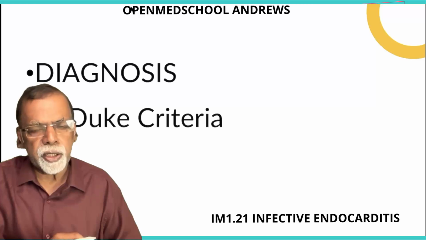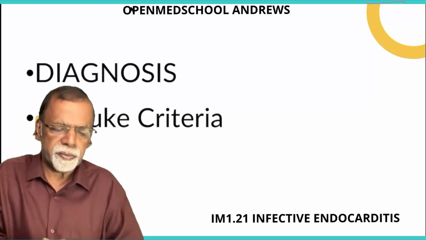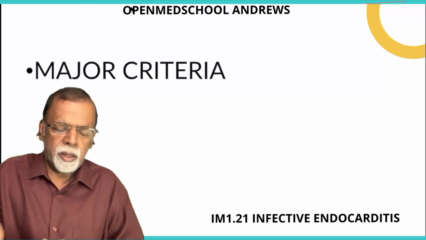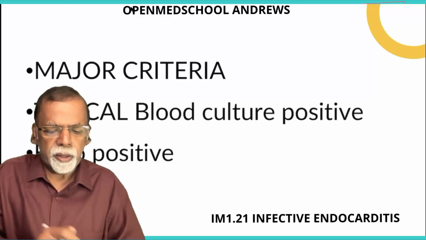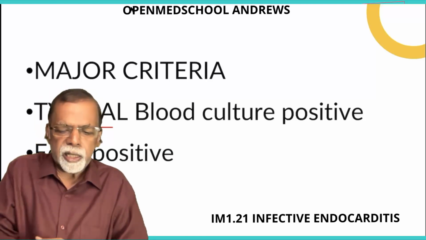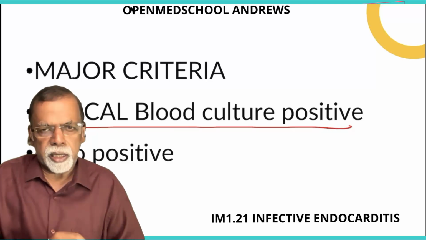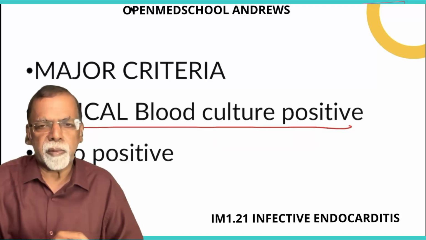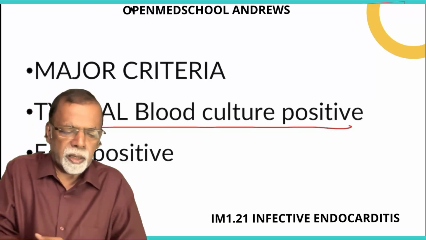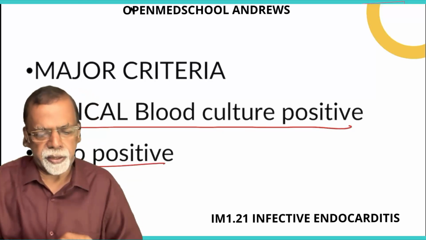For the diagnosis, we use the Duke's criteria and the modified Duke criteria. There are two major criteria. We'll discuss this in a little more detail later. One is the typical blood culture positivity. Regarding the culture, we'll discuss what is typical and atypical blood culture, and a characteristic echo positivity. These are the two major criteria.